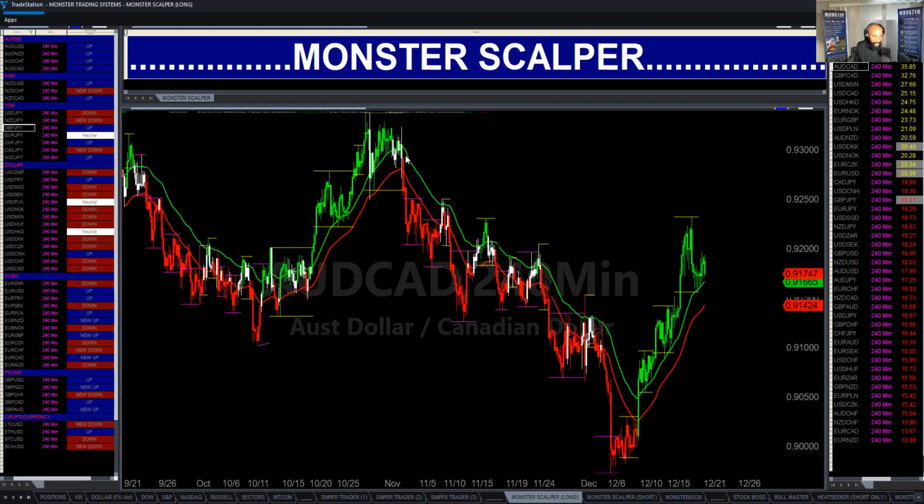They might have the colored candles here, but not the lines. So let's say you did pretty good. You got in on a break of resistance here, price went up, and now price is coming down.